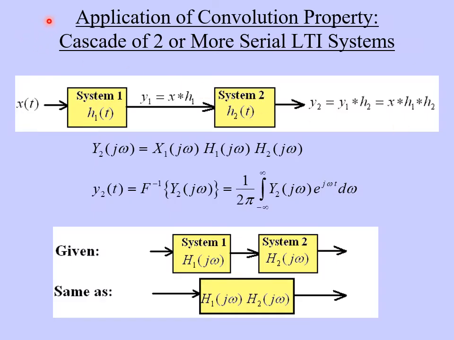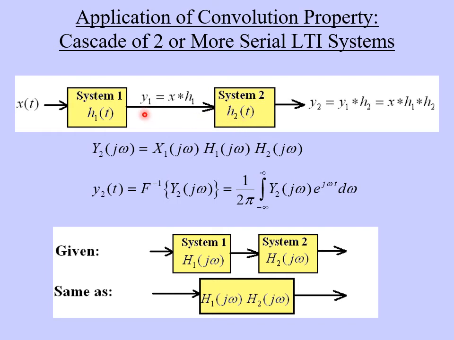Our first application is the cascade of two or more serial LTI systems. So look at this system here. We've got system 1, really a subsystem, connected in series with system 2. Suppose system 1 has some impulse response h1 of t, and system 2 has an impulse response h2 of t.